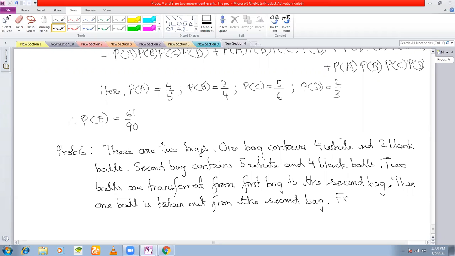Find the probability that it is white. Clear?